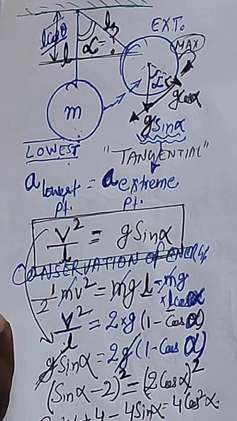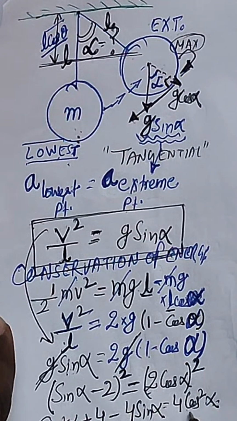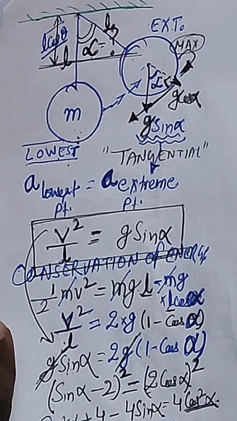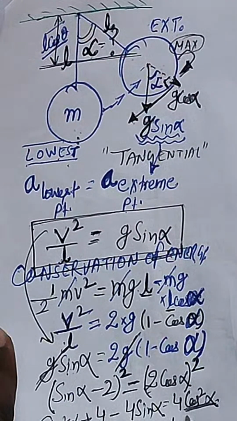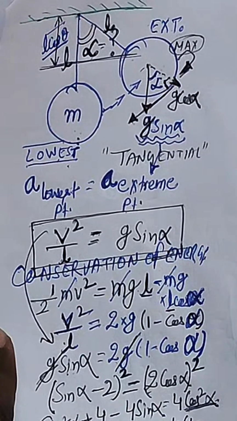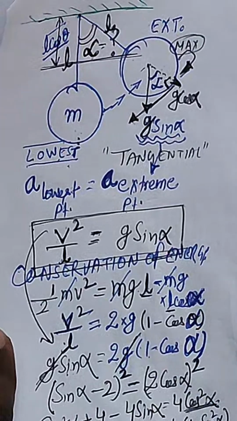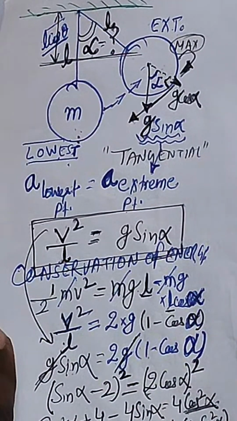Now cos square alpha can be written in terms of sin square alpha, because cos square alpha plus sin square alpha is 1. So cos square alpha can be written as 1 minus sin square alpha, isn't it?